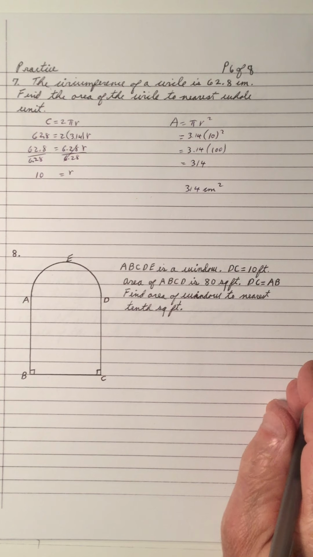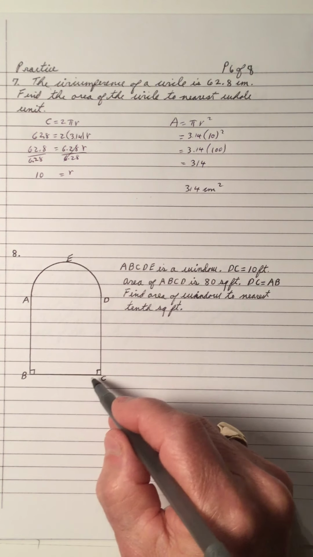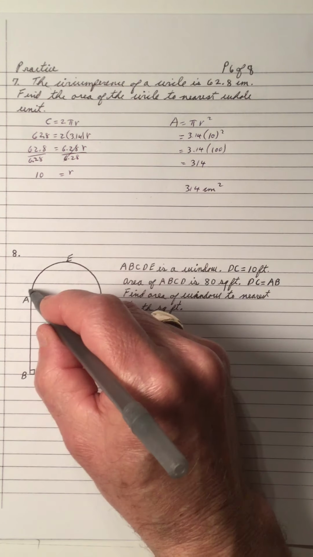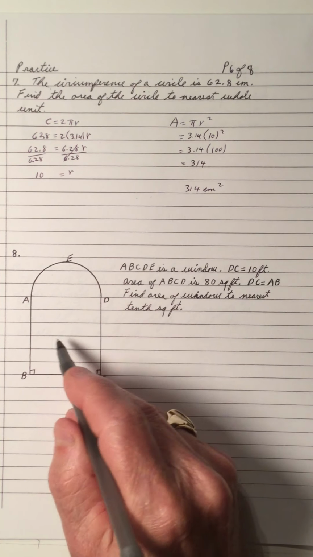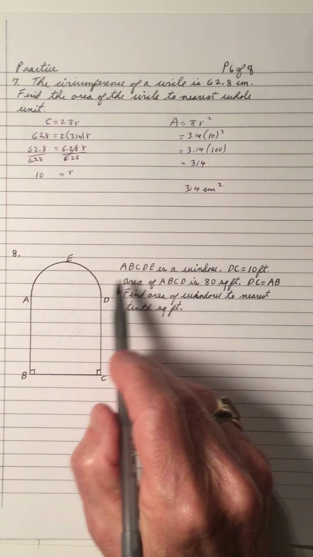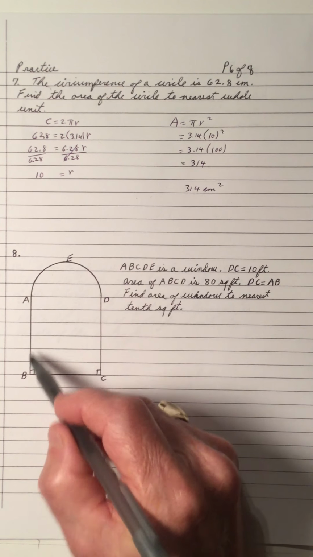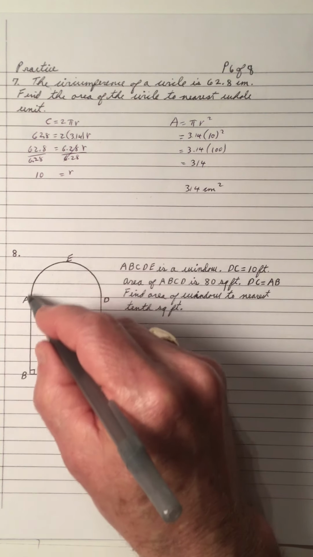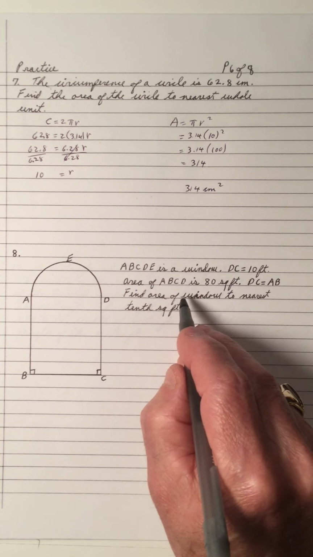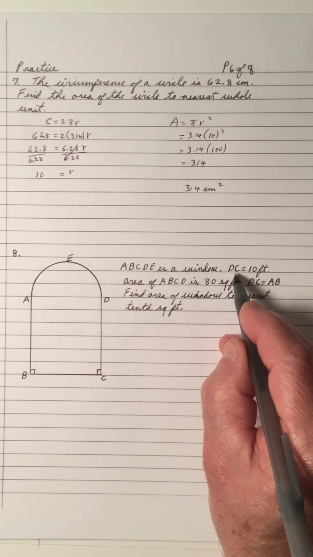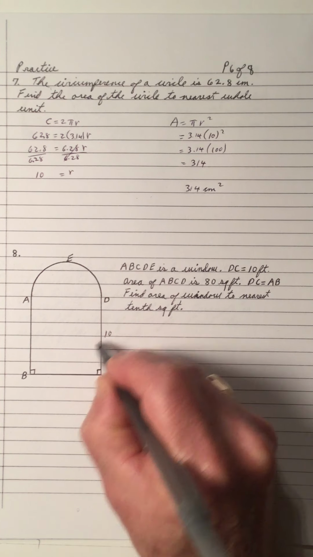Number 8. Notice we have something like an archway, looks like a semicircle, and we have a diagram with A, B, C, D, E. This is a window. It says DC is 10, so that's 10 right there.